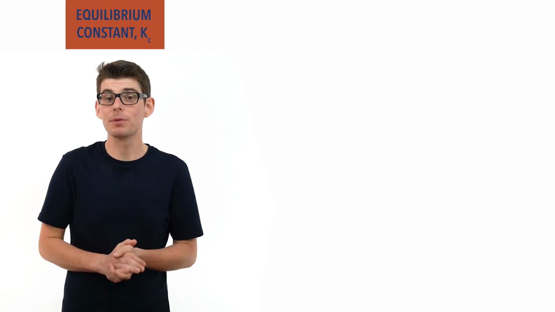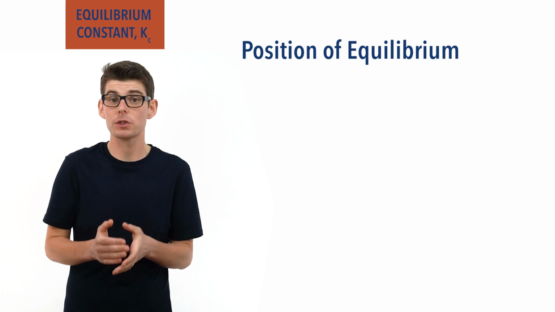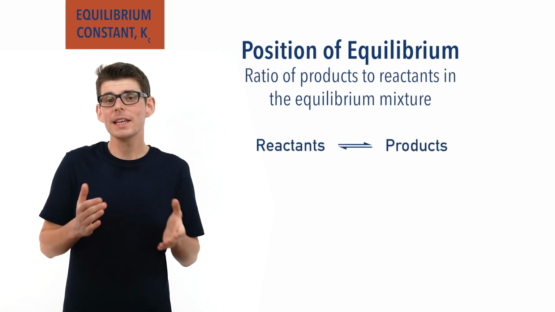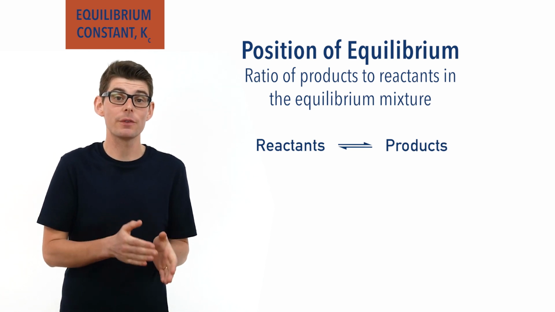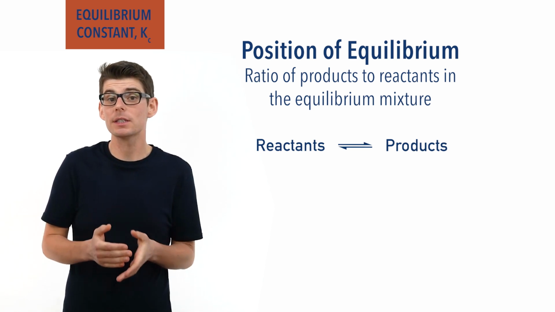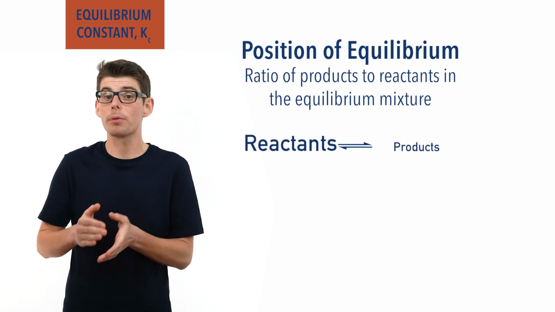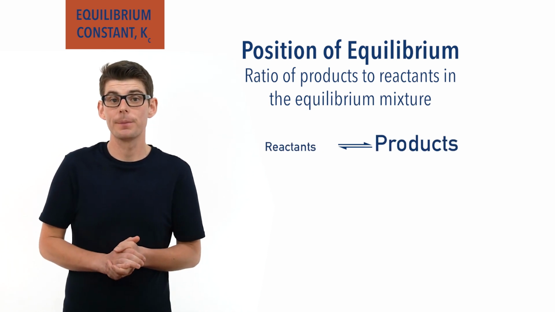Let's go. The position of equilibrium for a system can be considered as a ratio of the products to reactants in the equilibrium mixture. We can easily describe a position of equilibrium as lying to the left or right by looking to see whether there are more reactants compared to products or more products compared to reactants in the equilibrium mixture.